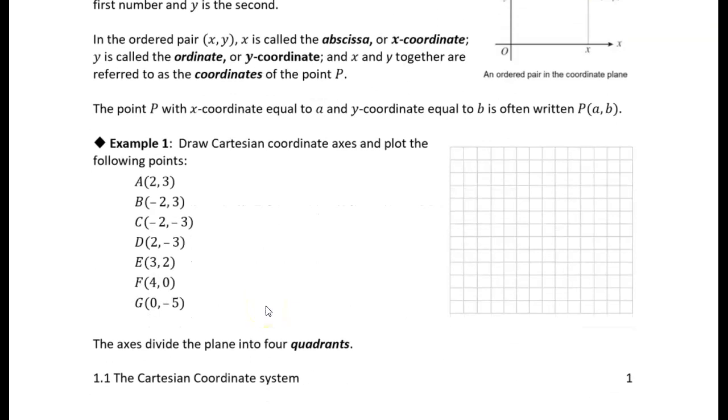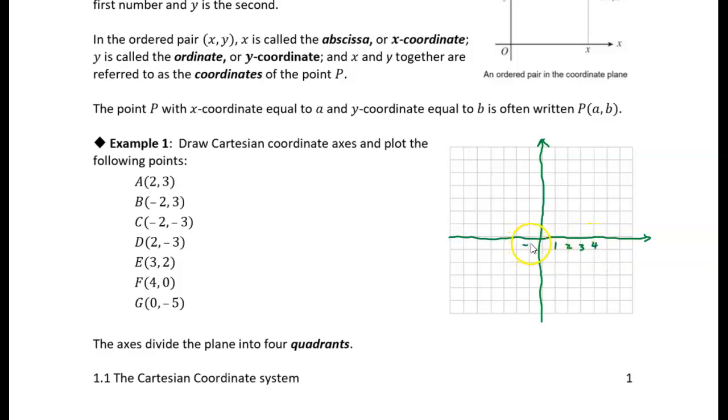So in example 1, we're given some points and we're asked to plot them in a Cartesian coordinate plane. So the first thing we need is some axes. So there are some axes. That seems to be as straight as I can get them today. And the first point is just the point (2, 3). Now we're going to assume that each one of these grid lines represents 1. So this is 1, 2, 3, 4, and so on.